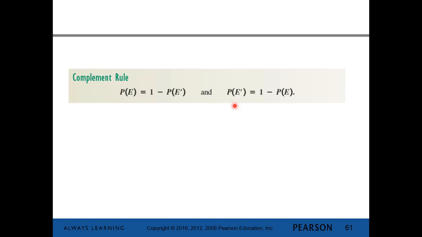For example, let's say I define an event that a randomly selected tire will last more than 40,000 miles. Well, in that event, I could say either a randomly selected tire is going to last over 40,000 miles or it's not, right? There's only 2 outcomes. Either, if I reach into a bag of M&Ms, I'm going to pick a green M&M or I'm not.